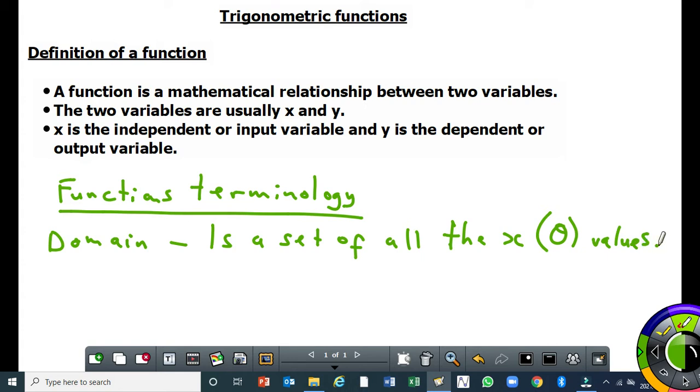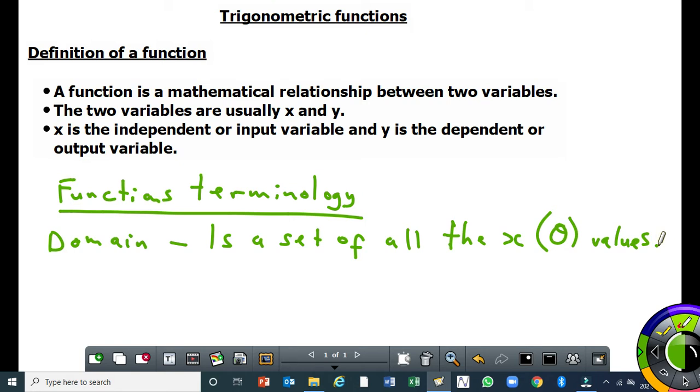I'm putting theta because we are in trigonometry. Generally we interchange those two, x or theta. If it was an algebraic function like the linear and the other three that you are going to learn about, there's no need for me to put theta.